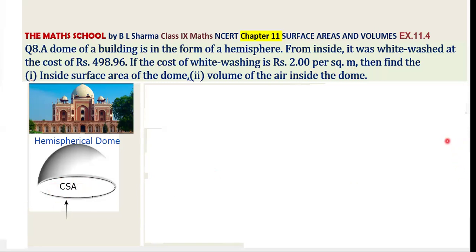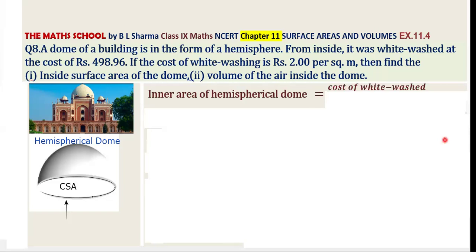So how to calculate. It is given inner area of hemispherical dome, that is cost of whitewash upon rate. Because area into rate, that is cost. So area is equal to cost upon rate. This is the formula. Cost is given ₹498.96 and rate is given ₹2 per square meter.